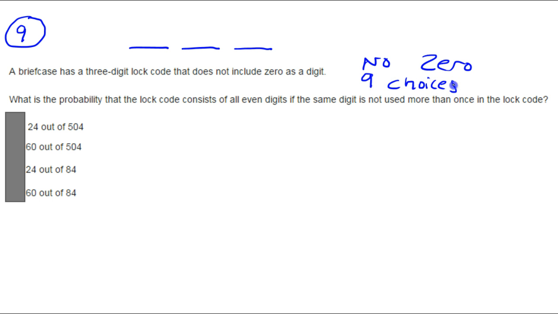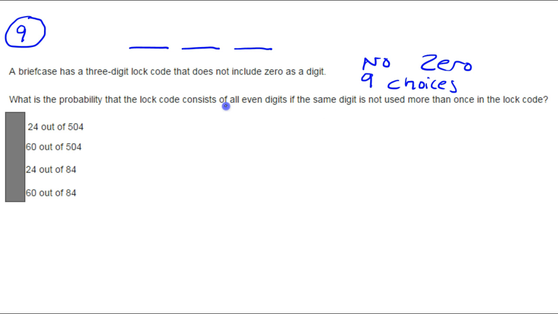Okay, for the numbers 1 through 9, there's no 0. Okay, so keep that in mind. Now, what is the probability that the lock code consists of all even digits if the same digit is not used more than once in the lock code?